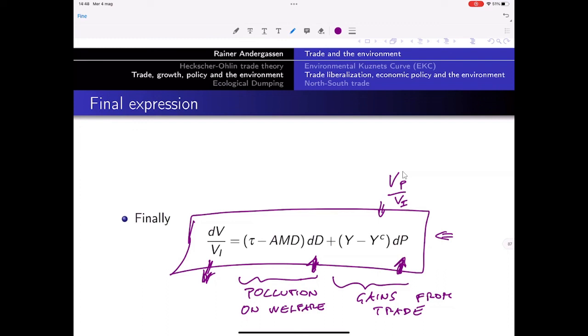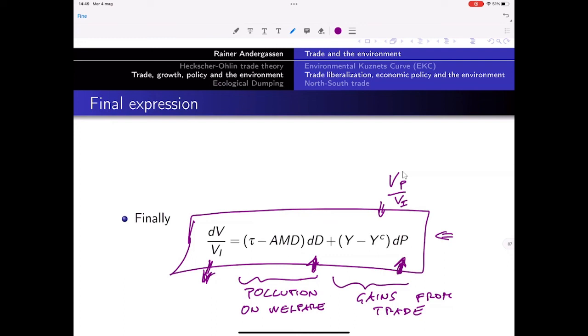Here I've taken everything into account. So how pollution directly affects welfare, also indirectly through a change in production technique. The same for gains from trade. Also there I have how a change in prices affects utility directly. If the price increases, we know that utility goes down, but on the other side, we also know that there's a change in production and as a consequence in income, and as a consequence, it affects utility.